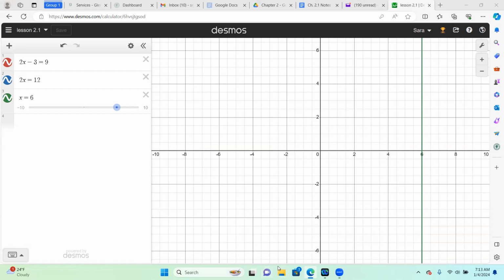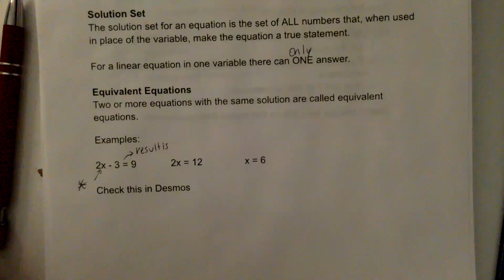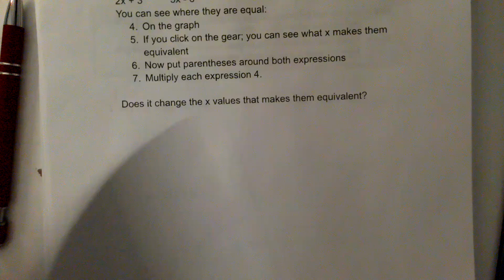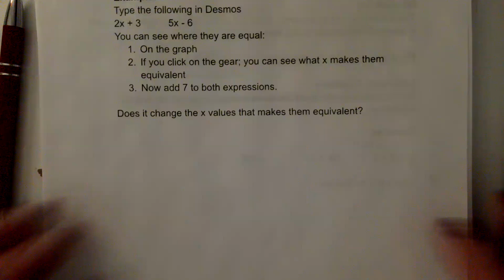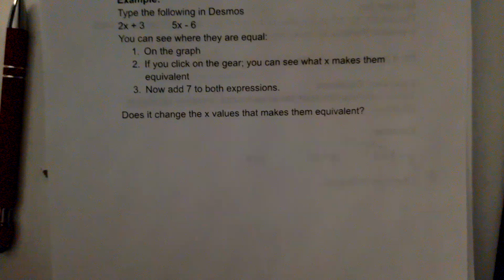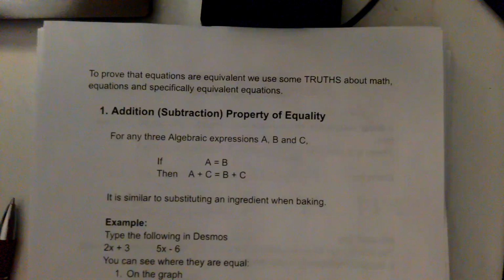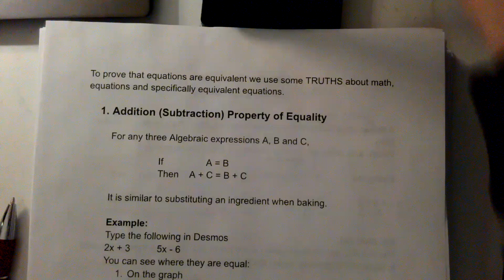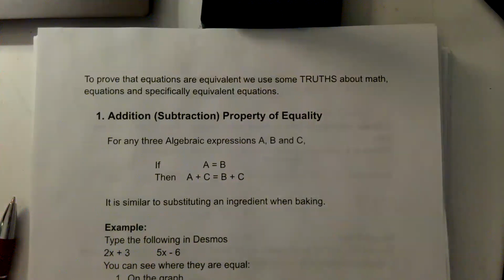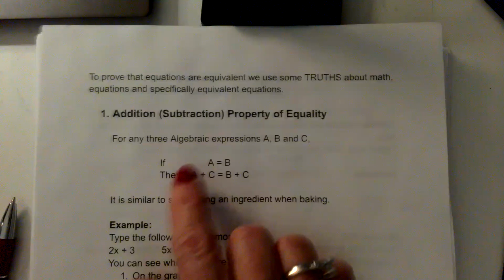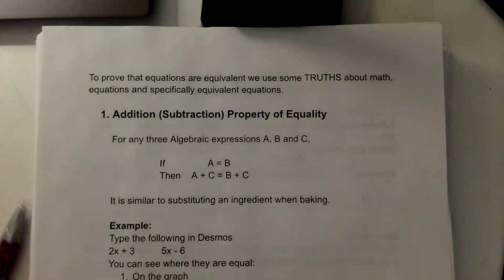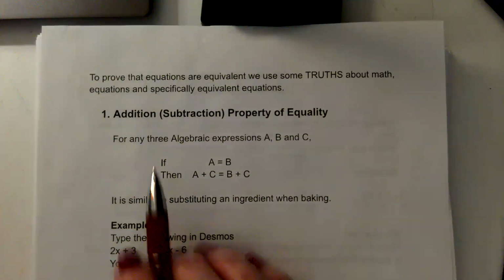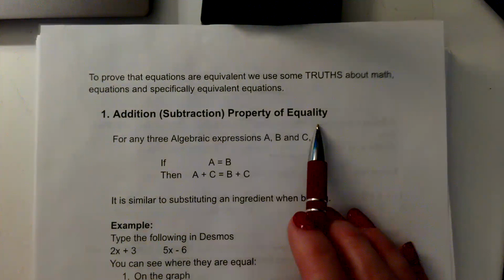Okay, so let's go back to our paper. Let's look at the page. It says, to prove that equations are equivalent, we use some truths about math, equations, and specifically equivalent equations. One of the truths that we're going to use is called the addition-subtraction property of equality.